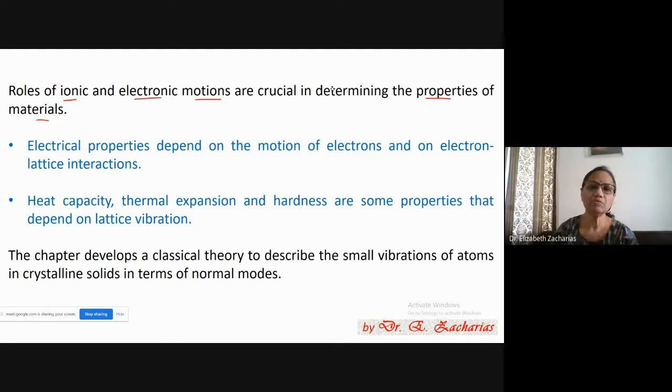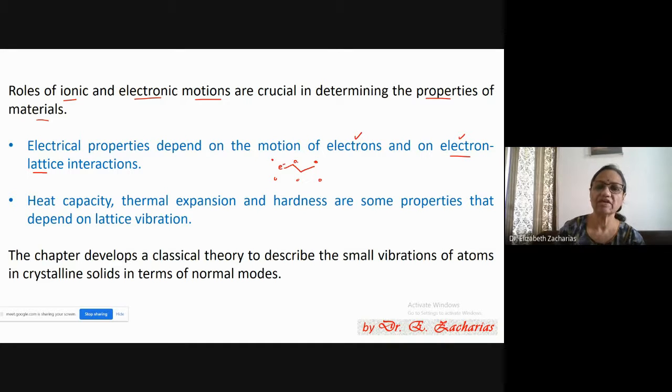Let us see which properties depend on the motion of electrons and the electron lattice interaction. I showed you the ions are sitting at the lattices and the electrons are moving. You have studied in physics in the second semester that when these electrons are moving, there is something called mean free path.